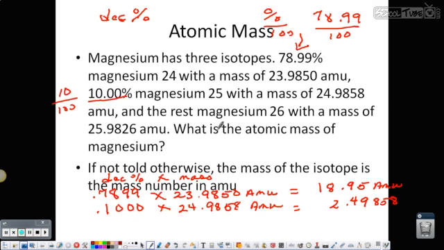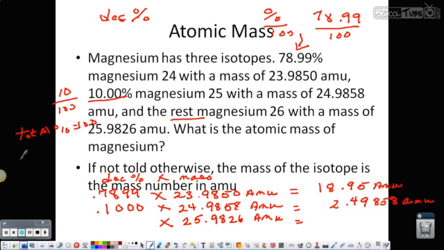Then it says the rest. Well, the mass of the rest is 25.9826 AMU, and I forgot again, AMU. Alright, now what is the rest? Anytime you have percentages, the total percent equals 100.